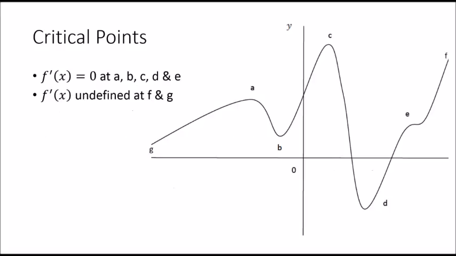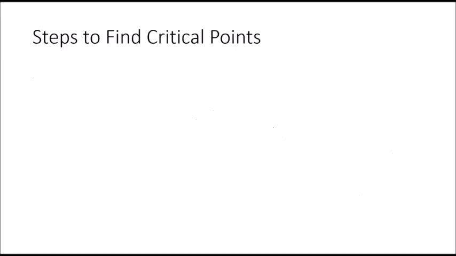So now if we go back and look at the example that we just saw, the points a, b, c, d, and e are critical points because their derivative is equal to 0, while points f and g are critical points because the derivative is undefined at the endpoints.